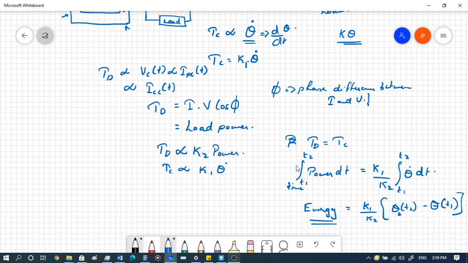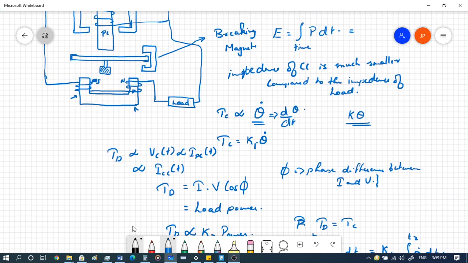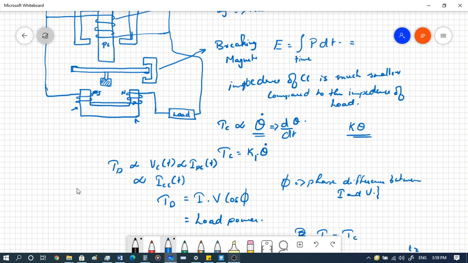And what we do is that we'll be using a gear mechanism attached to this disk, and then from there we'll attach another gear mechanism, right? And then we'll convert it into the dials. You might have seen the dials on the energy meter.